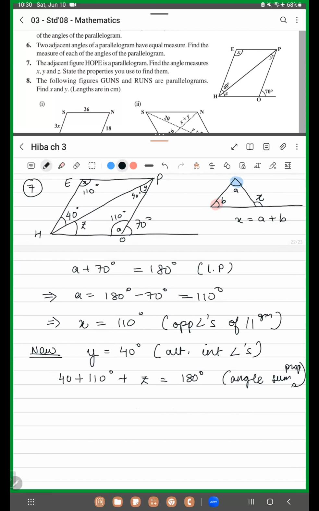So what is z then? It is 30 degrees. Very good.